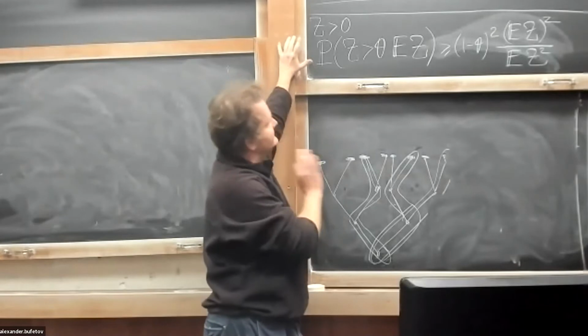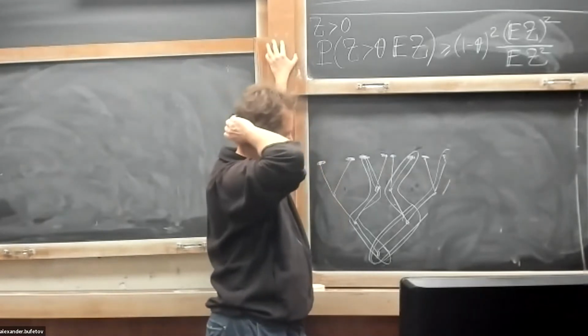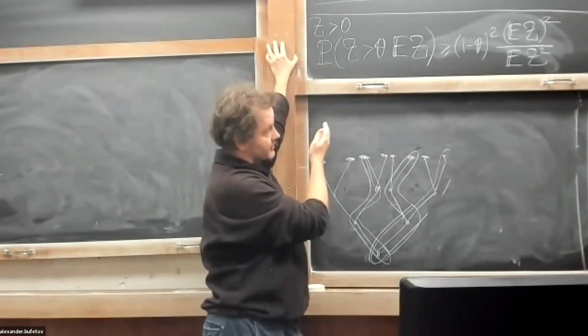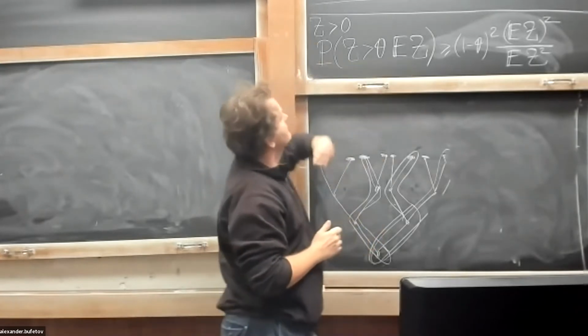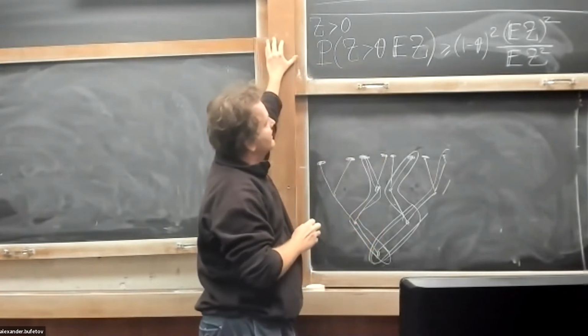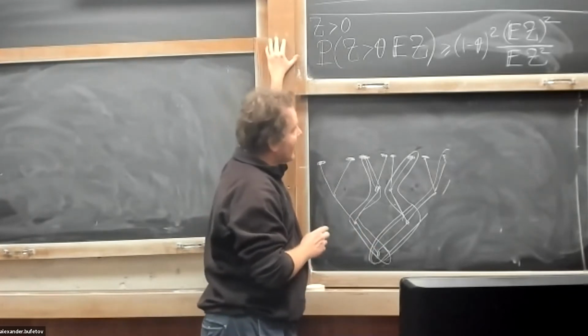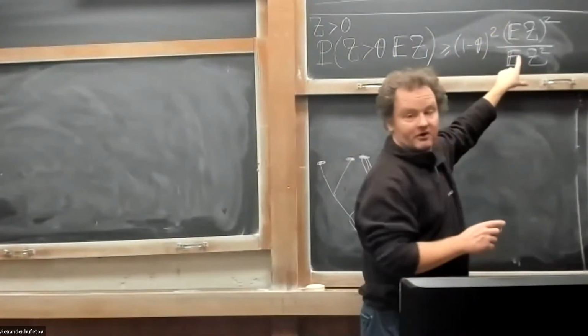So the point is that in order to estimate the probability that something is big, one simply needs to have upper estimates on the expectation of the square.